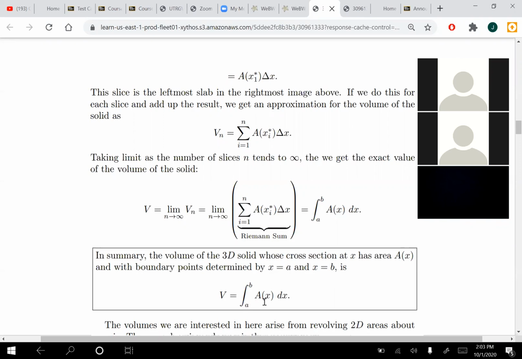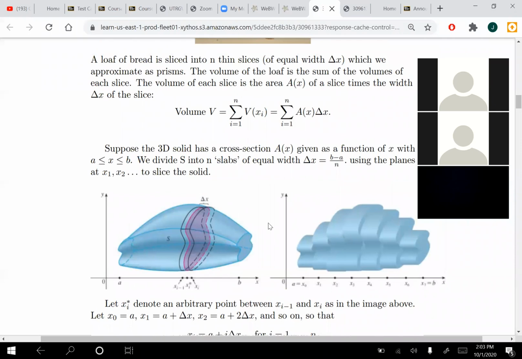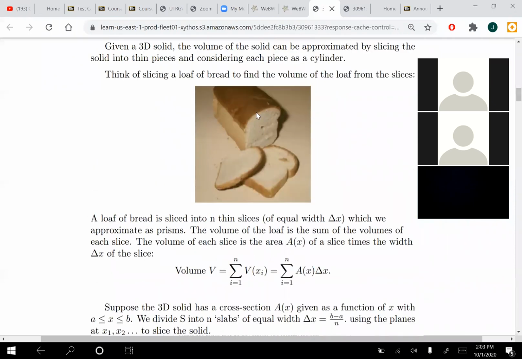What it is really saying is that you just need to make a slice. Let's say you slice this bread, find this area, and then integrate from the beginning to the end, and that's going to be the volume.